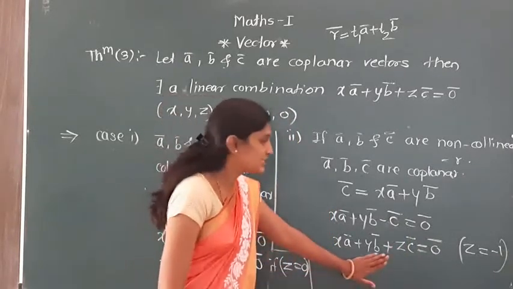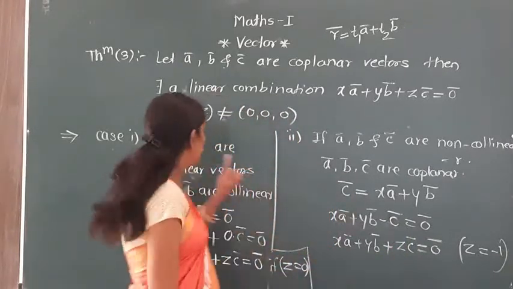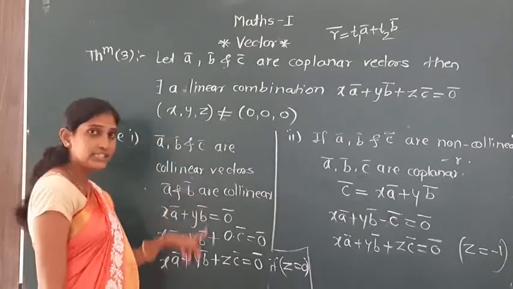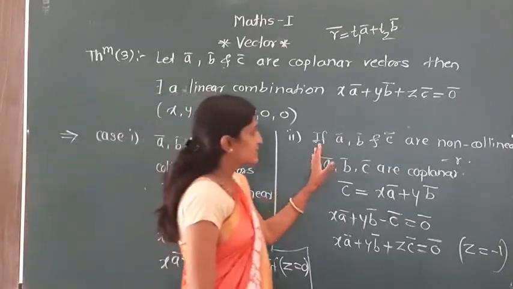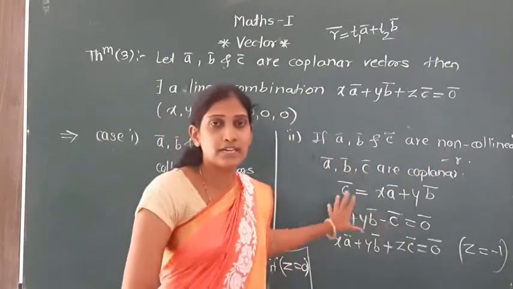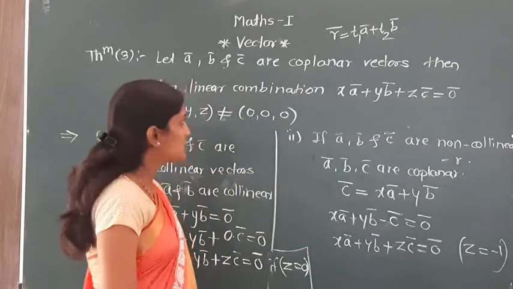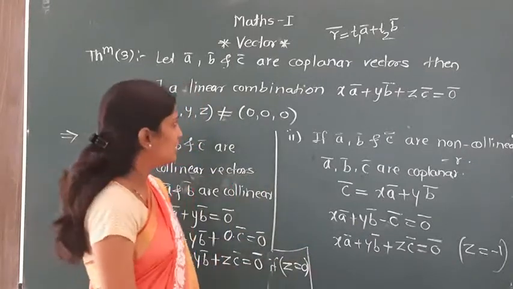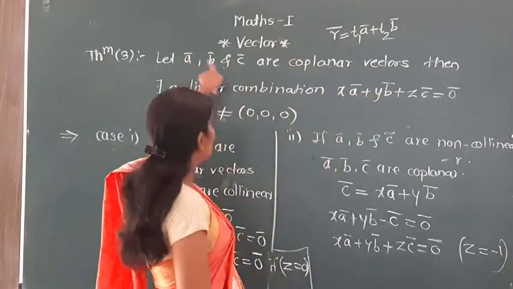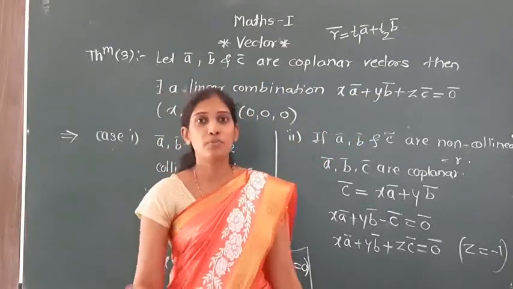So we prove this theorem in both the cases. Case 1, if it is collinear, and second case, if it is non-collinear. This is our first part. Now our second part. What is the second part? We consider this and we prove that A bar, B bar and C bar are coplanar.